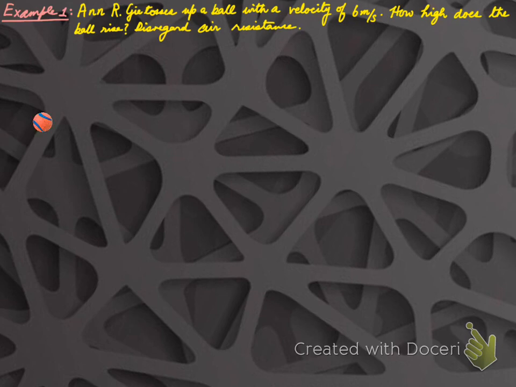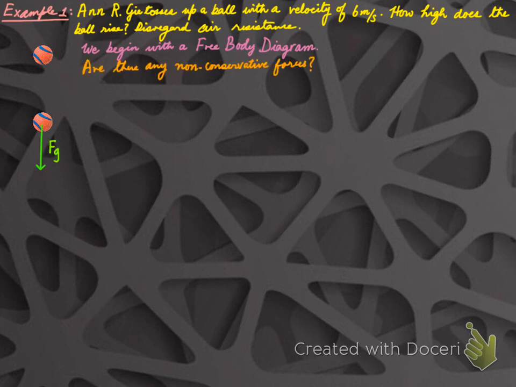So here's a ball, and we have both the starting position and the ending position. So the ball starts out low and goes high. Now we always begin these problems with a free body diagram because, as you guys may have noticed, forces do work. So let's draw the force of gravity. The next question is, are there any non-conservative forces?